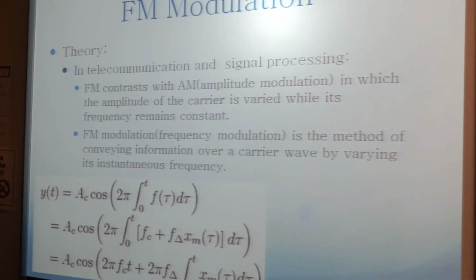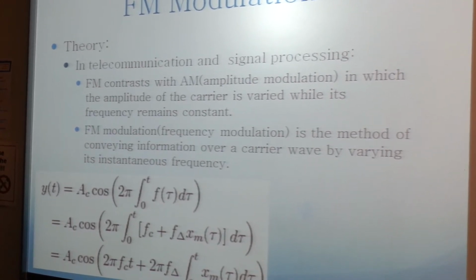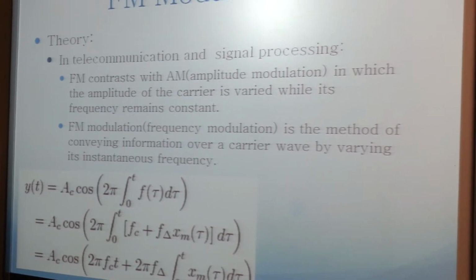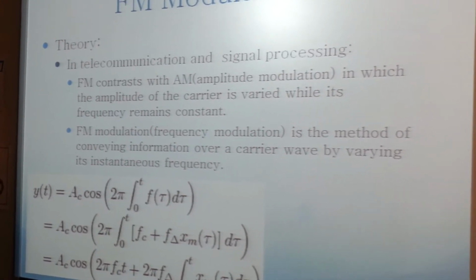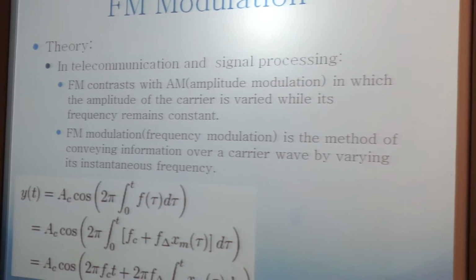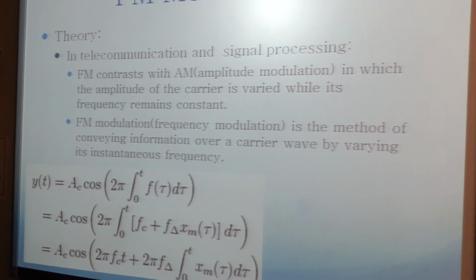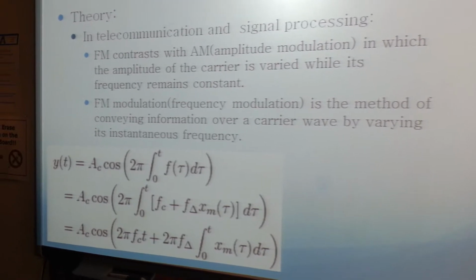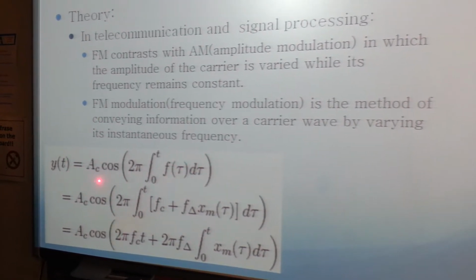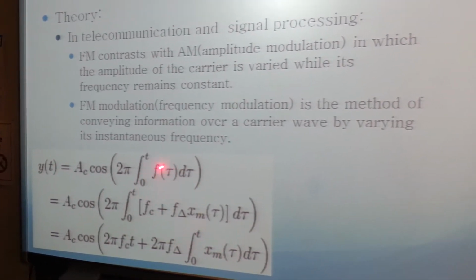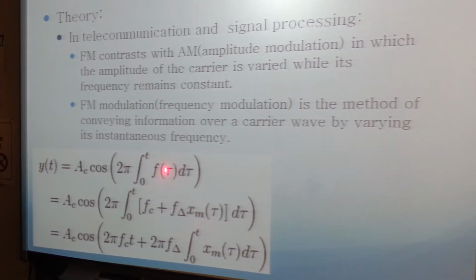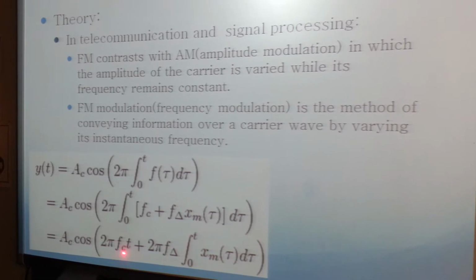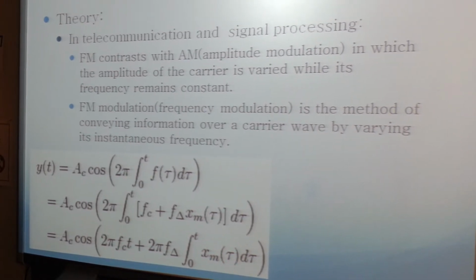Frequency modulation is basically a method where you're packaging information into a carrier wave, and we do this by varying a frequency. As you can see here in the equations, this is before the modulation. You can see this is the instantaneous frequency, and after the modulation, you can see the message has been already packaged.